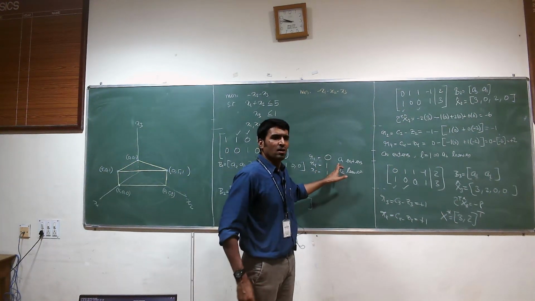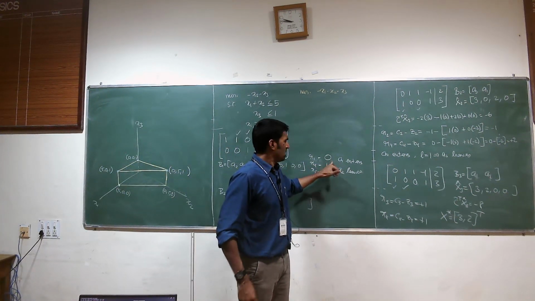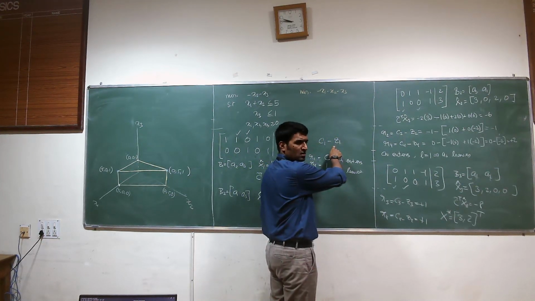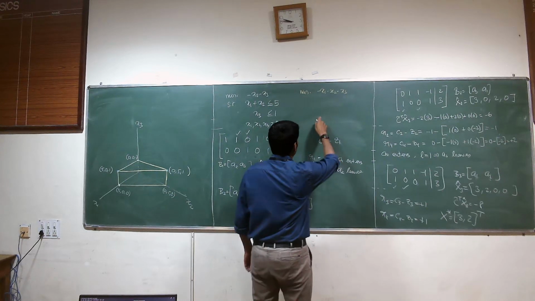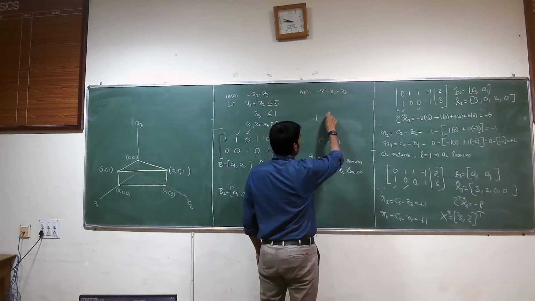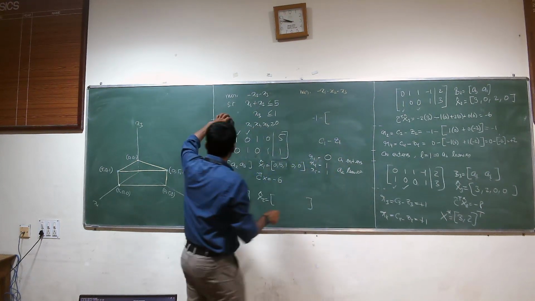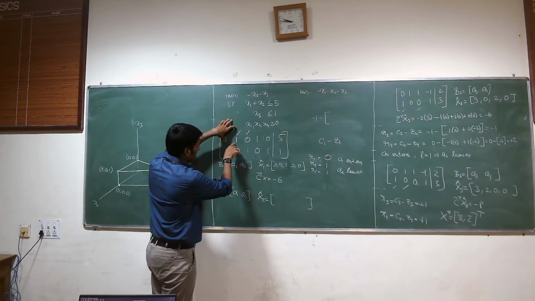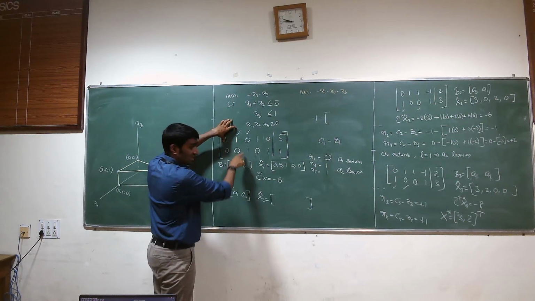Did you do this? You don't know how you're getting 0, is it? What is C1? C1 is -1. So it's this value times the C value corresponding to the first basis vector.